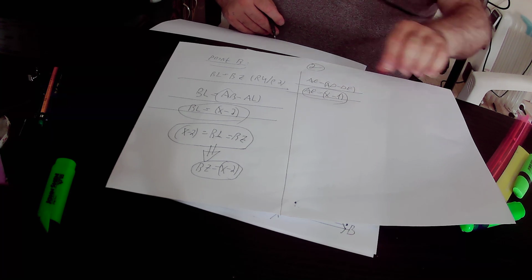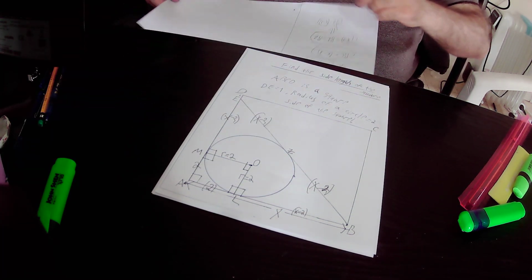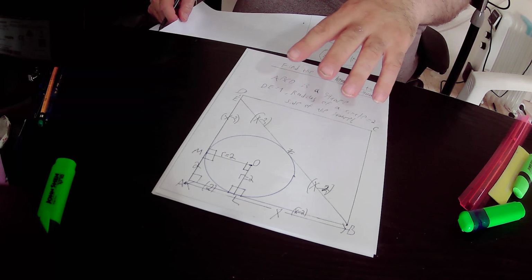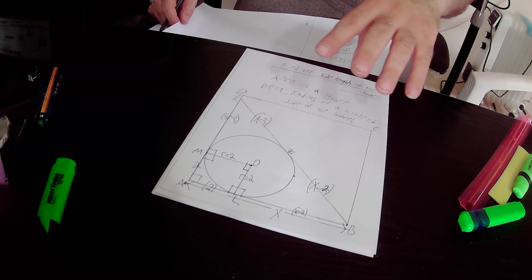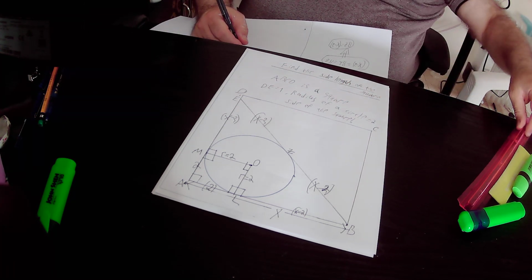So in the next step, I will copy the right triangle AEB in this page, and we will implement the Pythagoras theorem on this triangle AEB. Okay.